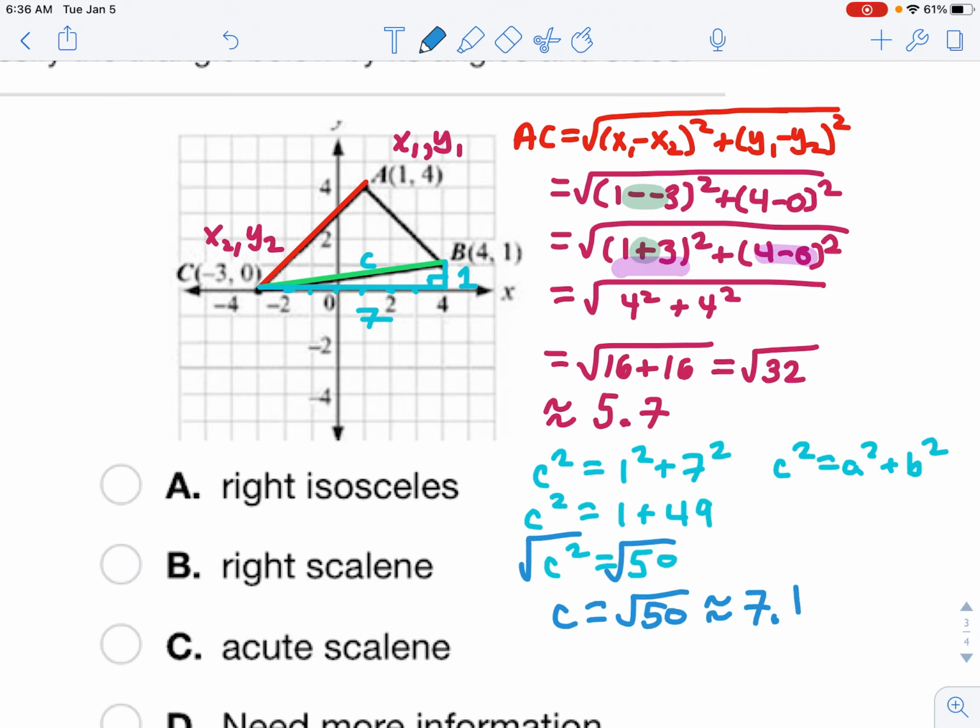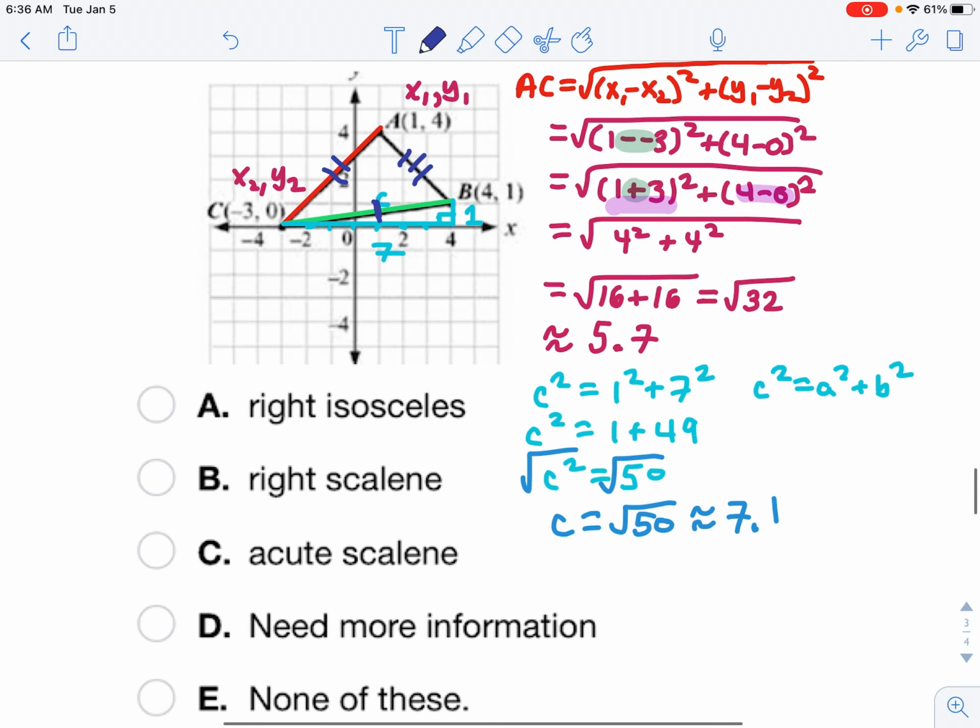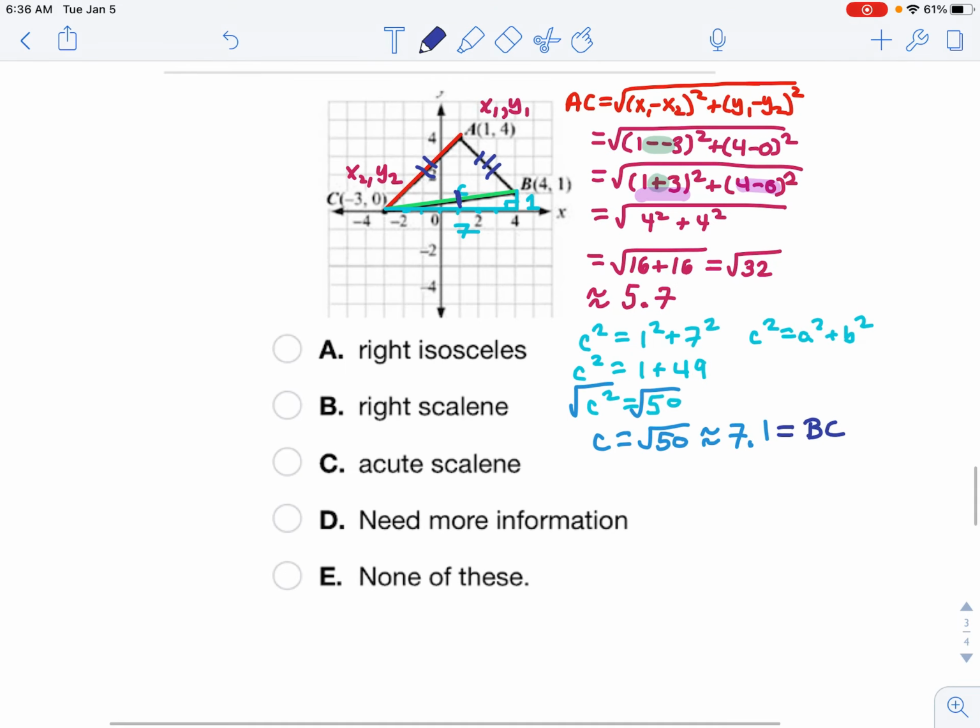Then just to save time, we're going to do the eyeball test and say we can tell by looking at it that that's going to be a different length than the other two. Furthermore, let me rewrite this. That was length BC, and AB is some different length. I can tell by just looking at it. Just to save time on the video, we won't solve that. Those two sides were the ones that might have been the same. So we know it's scalene.